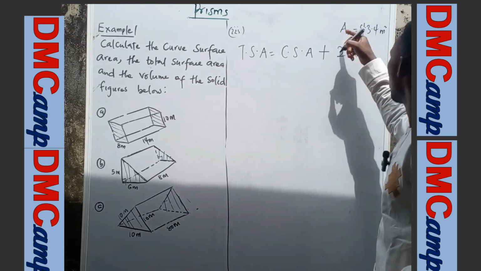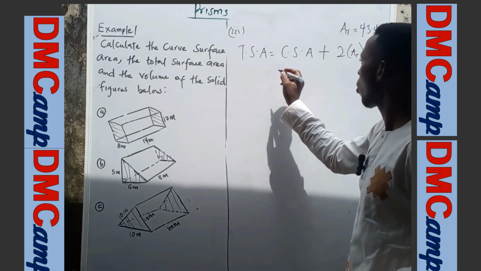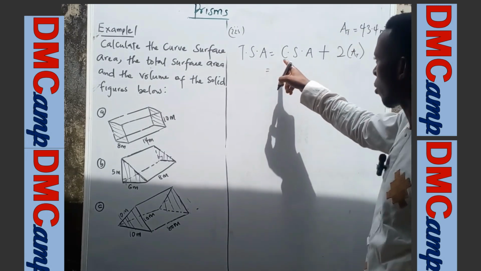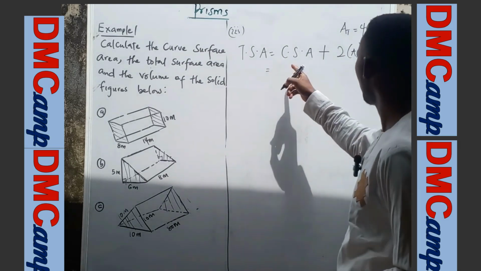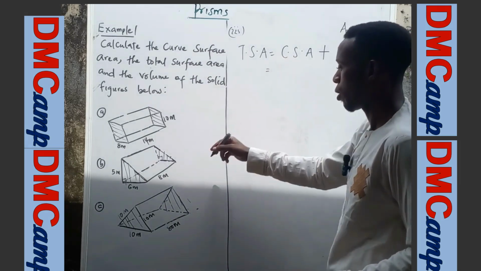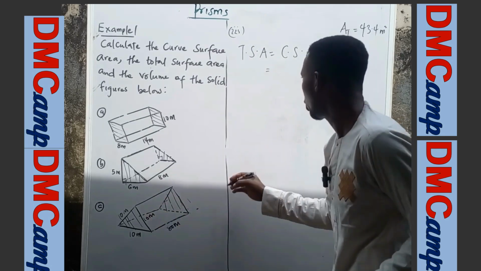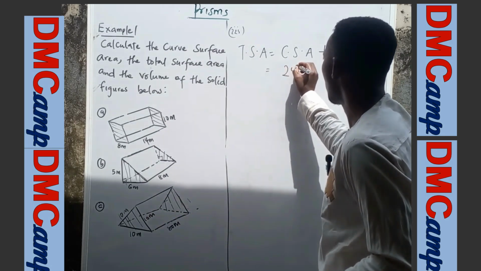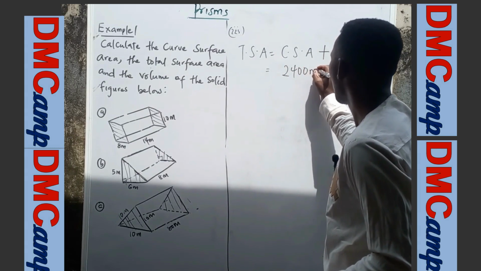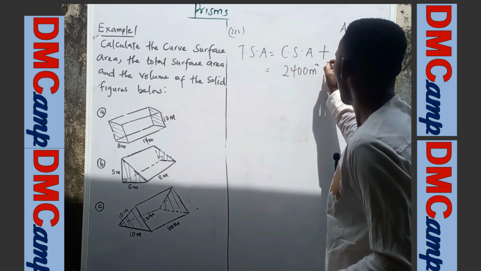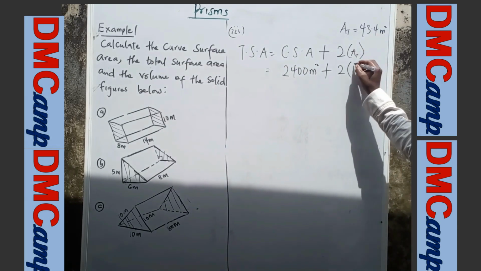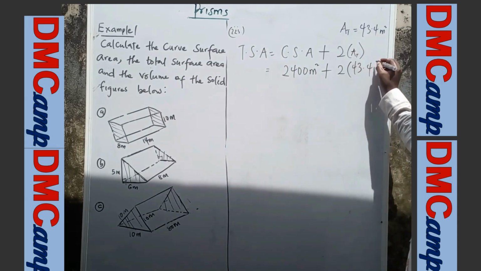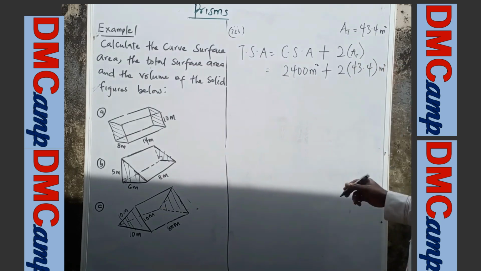We've gotten our cross surface area to be 2,400 meter square, then plus 2 times 43.4 meter square.